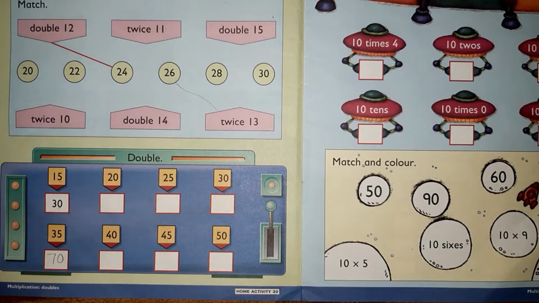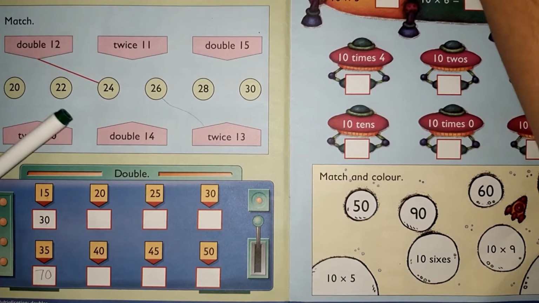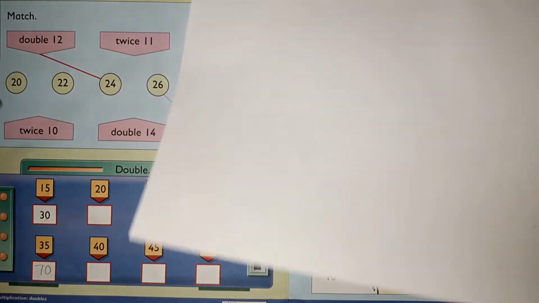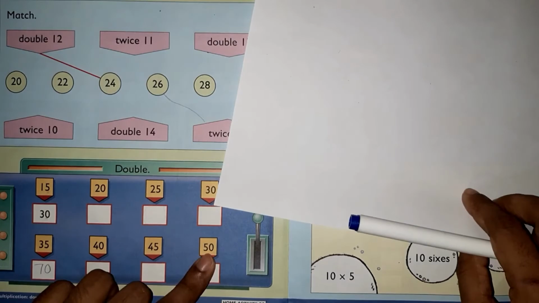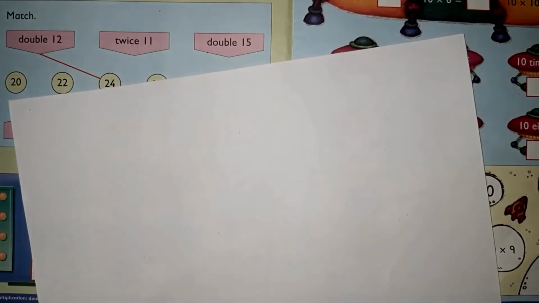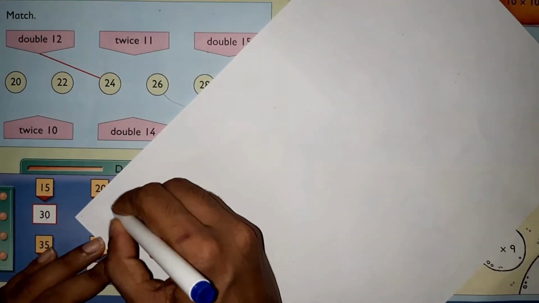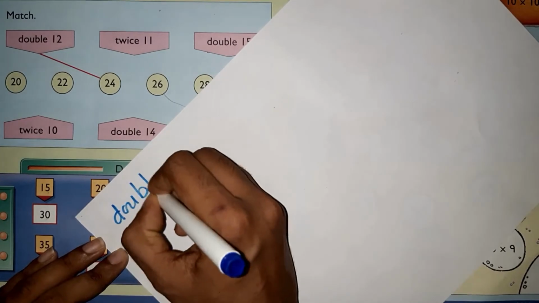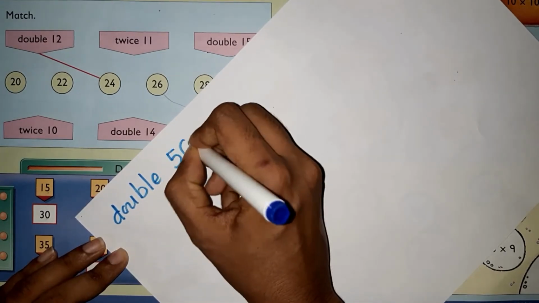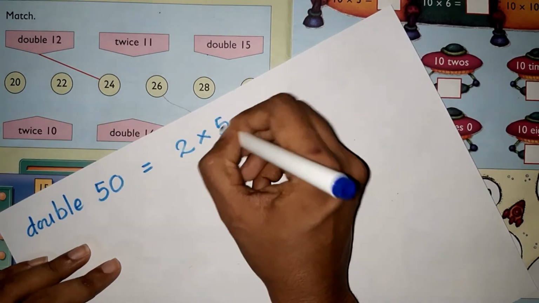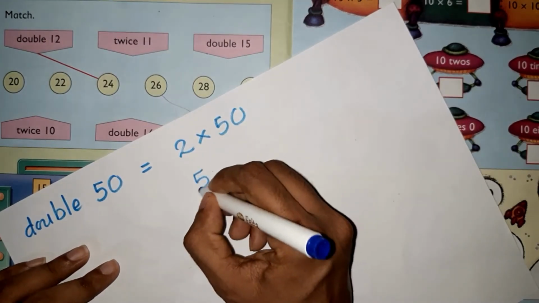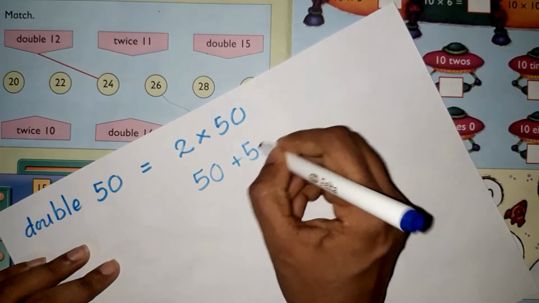Now I'm going to do another example. Now let's take 50. Okay, so double of 50. Double 50 means 2 times 50. That means 50 plus 50.